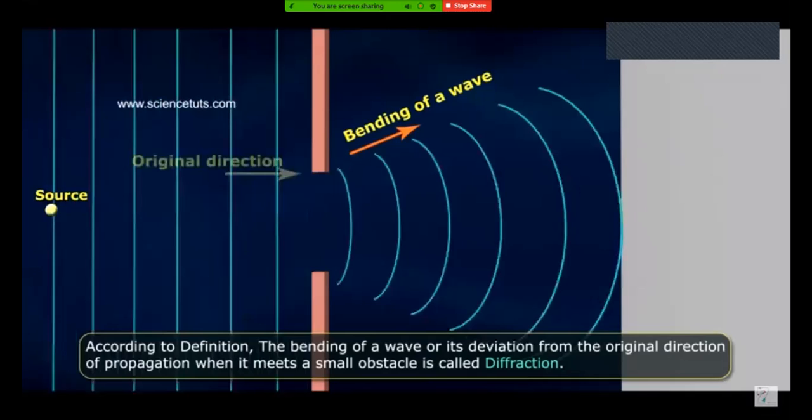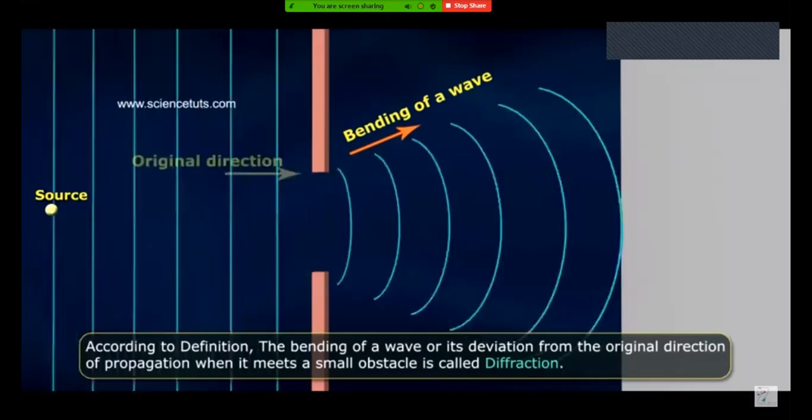But what happens if I make this diameter very small? Suppose this is very small and is like a slit. Then these corners will become very sharp. If it's a very thin, nicely cut object, the corners become very sharp, so thin that they are comparable to the wavelength of the light.